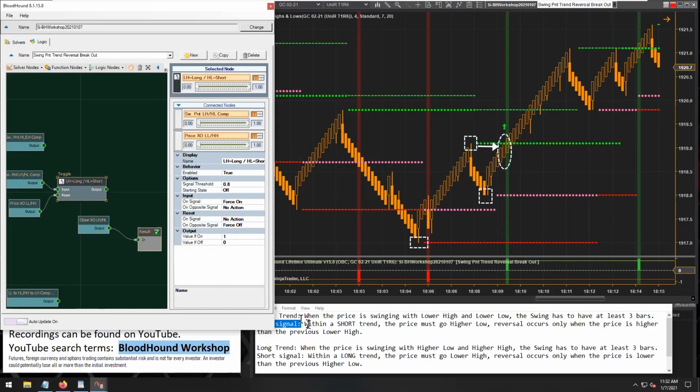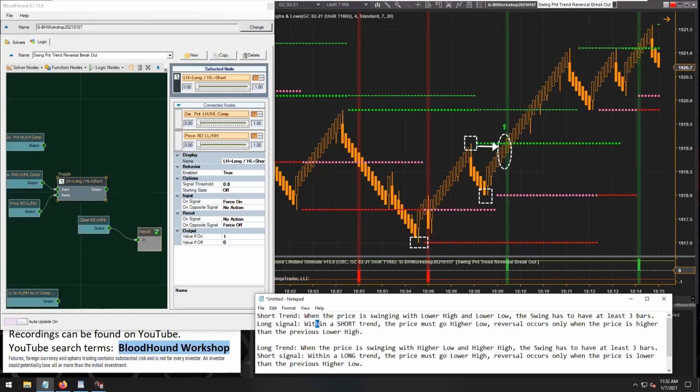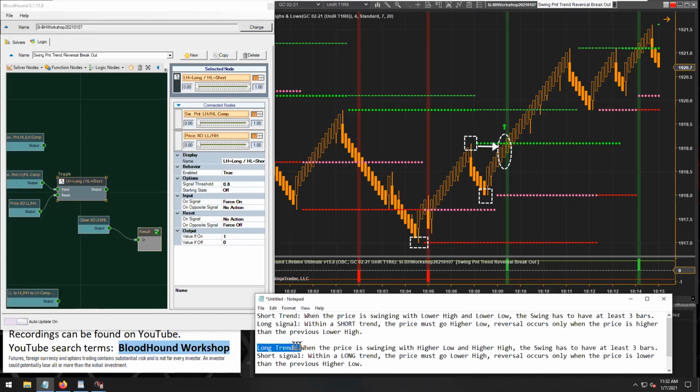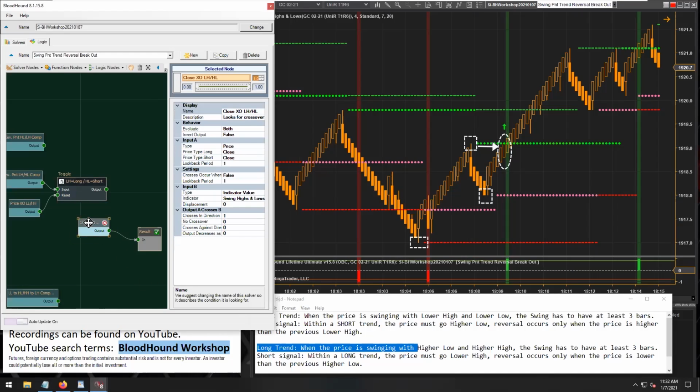The toggle node's function is identifying this short trend and this long trend, and the crossover solver is the final triggering condition that generates the signal. Right. So let's connect these together with an AND node.